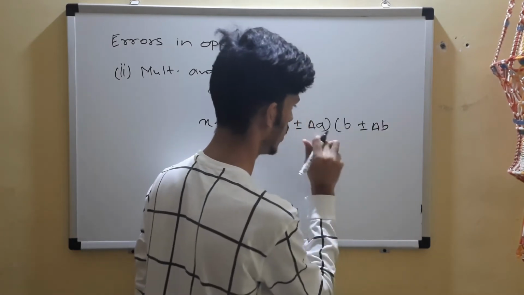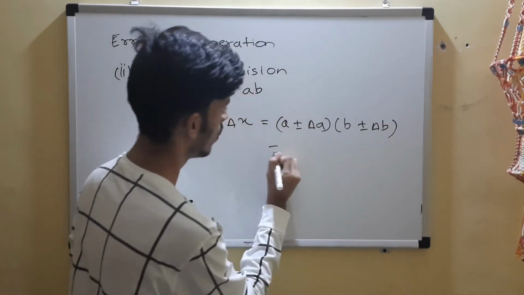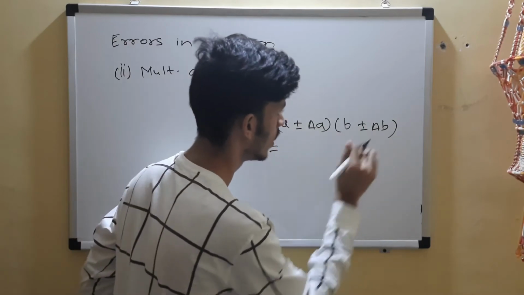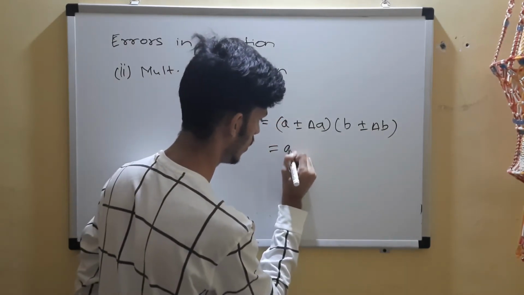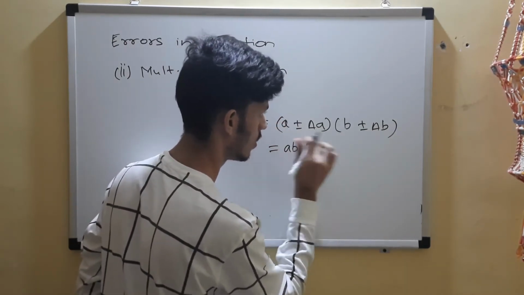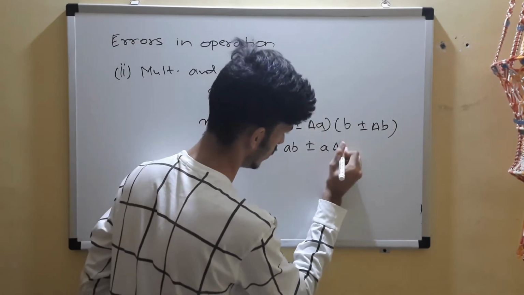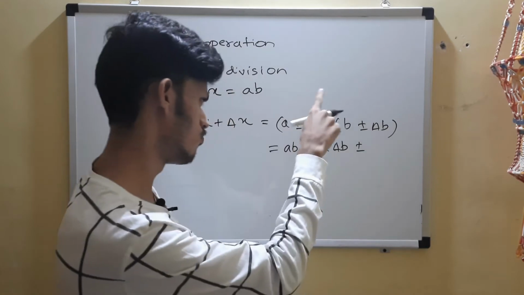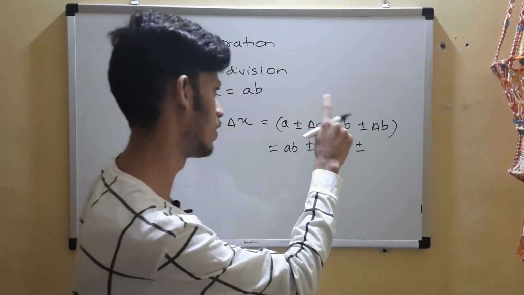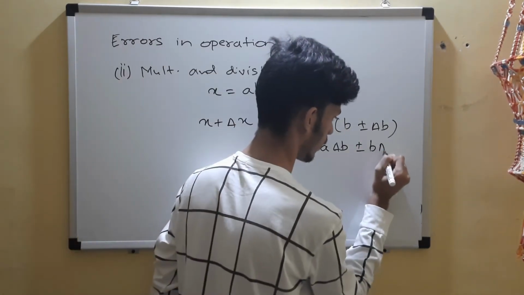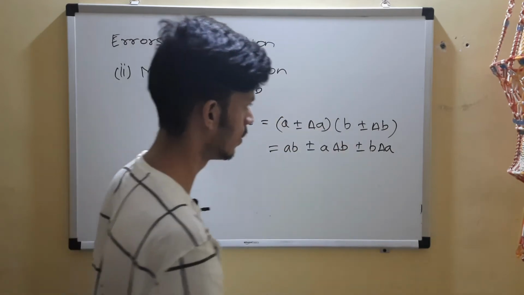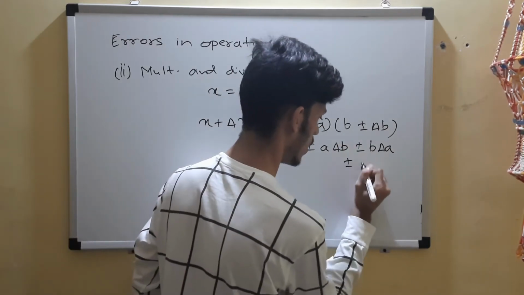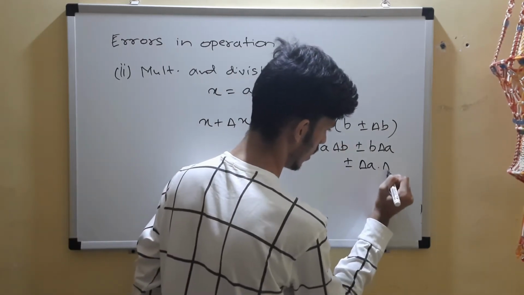So this is error in a, this is error in b. Now open the brackets: ab, plus minus a delta b, then plus minus b delta a, and finally plus minus delta a into delta b.